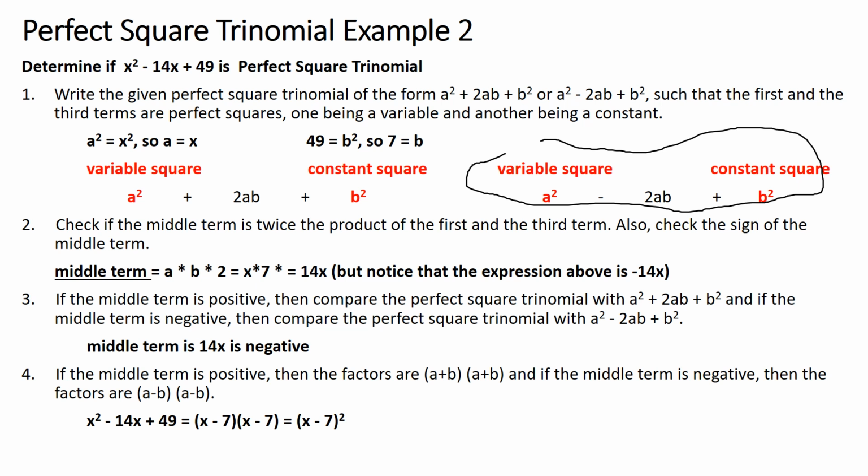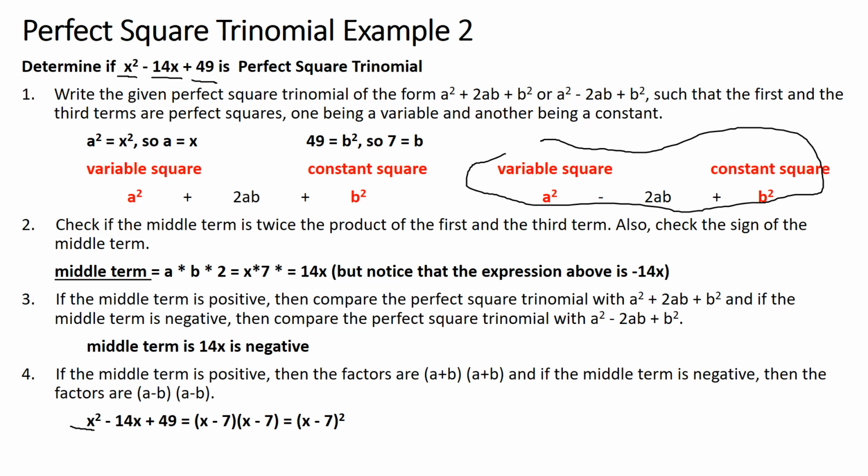Again, let's figure out my a and my b. I've got x squared minus 14x plus 49. Well, my x is my a, so this is going to be right here, my x. 49 is my b squared. Now, I don't know if it's plus or minus 7 for the b.